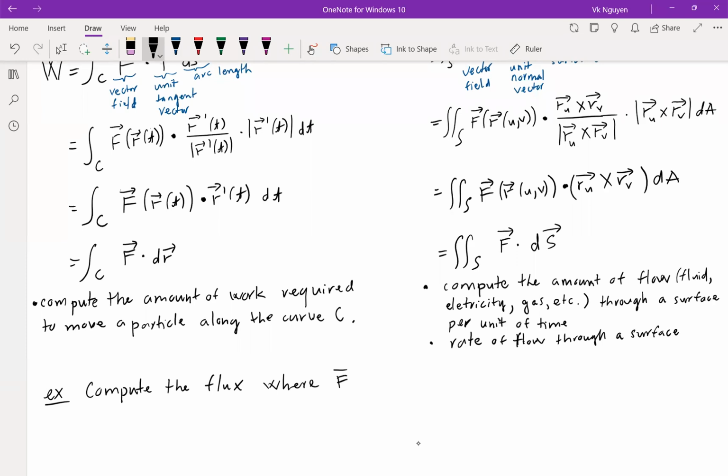Where F is equal to this vector field, and S is the hemisphere of radius 2 oriented downward.